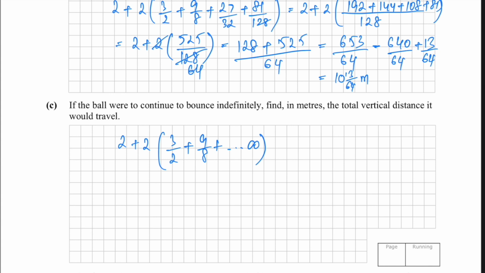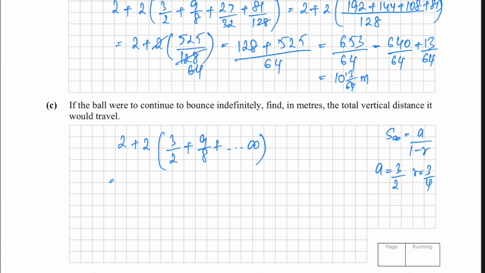I am putting this infinity symbol. You should know the formula for the sum to infinity, which is A/(1 minus R). Here A is 3/2, and the common ratio is 3/4, because if you divide, we'll have 3/4, as we multiplied each term by 3/4. So the common ratio will be 3/4.